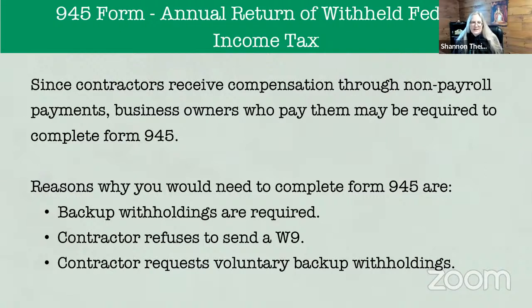Backup withholdings are required if you get a letter from the IRS that says, we need you to do backup withholdings on this contractor. And then there's not really a way around it, because you're getting notification that backup withholdings are required.